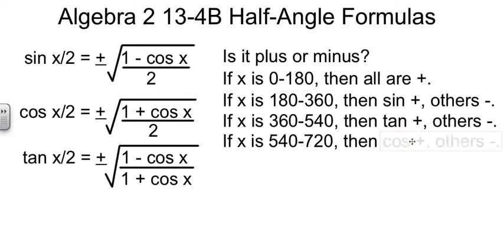And then as we finish the second lap of the circle between 540 and 720, cosine is positive and the other two are negative. So you'll want to refer back to this to decide whether your square root should be positive or negative versions.